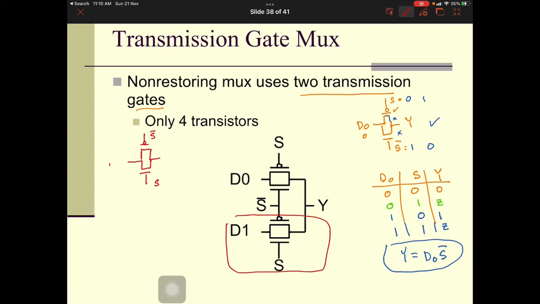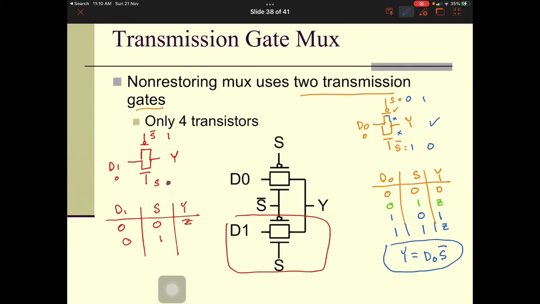So this is D1 and this is Y. So if we look at the truth table, D1, S and Y, you start with 0, 0 here. This is 0, this is 0, then this will be 1. All the transistors will be off, the NMOS will be off, the PMOS will be off, and the Y will equal Z.